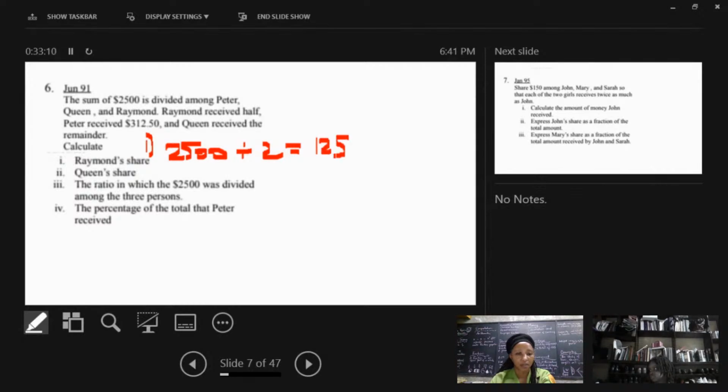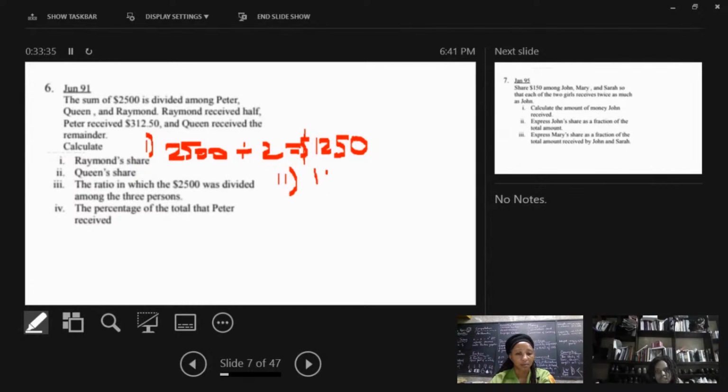Okay. So Raymond received $1,250. And II, Queen's share, we have to add Peter and Raymond's share, and then subtract it from 2,500 because Queen has the remainder.